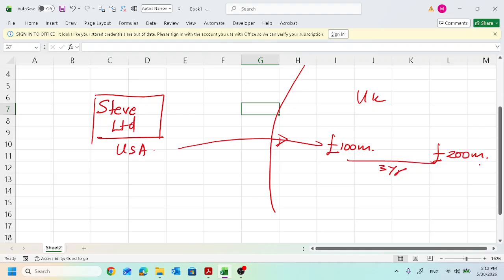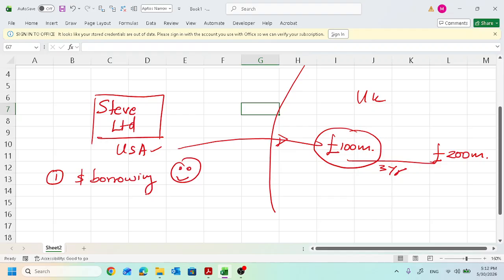Now, the concern for this company, concern number one: they want this amount in pounds. If they borrow in the UK, they can get it in pounds. But this is a USA company in the USA. If they make dollar borrowings, they will get favorable rates, good rates, because they are in the USA.